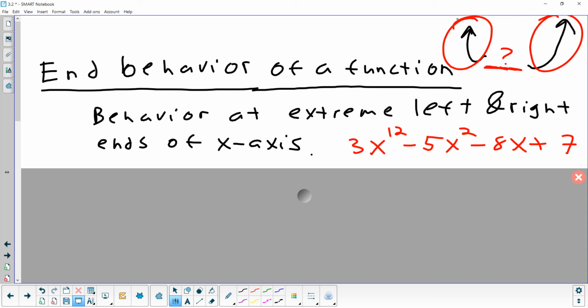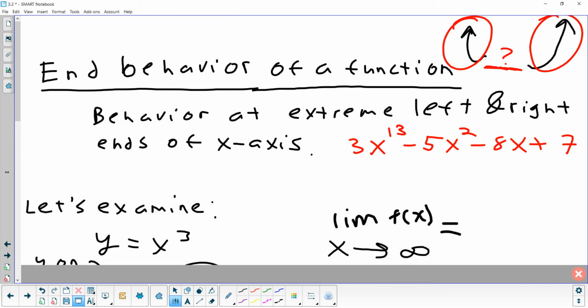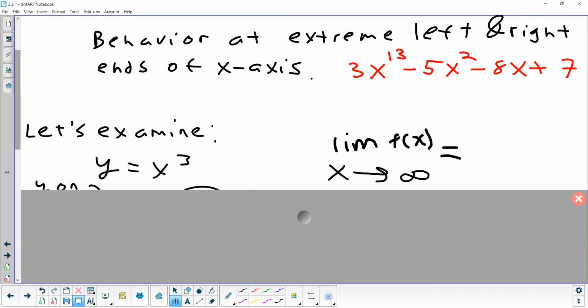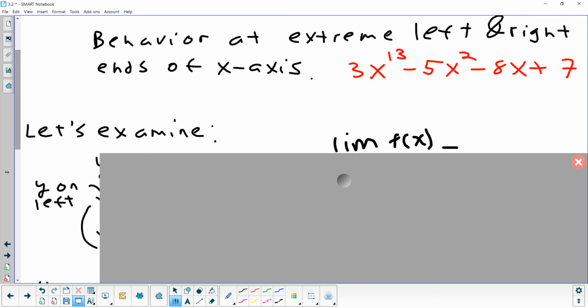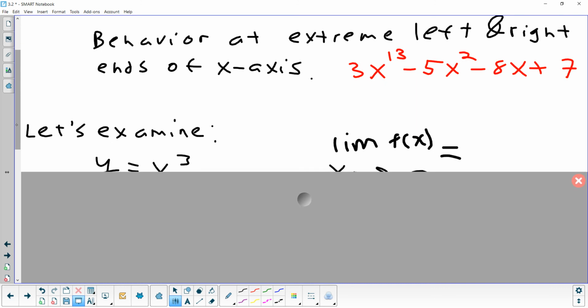And if I did something like this, I could tell you that that's up on the left, down on the right. Right? So it all has to do basically with the highest exponent and the number in front. Okay? So let's look at x cubed. Okay, y equals x cubed.